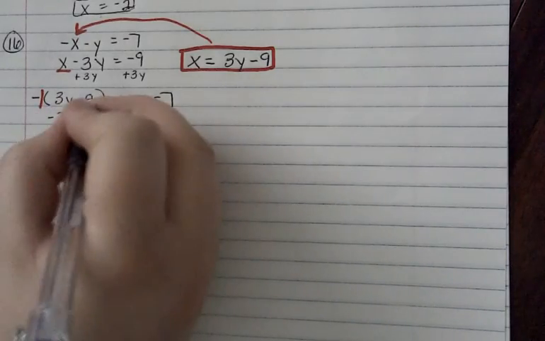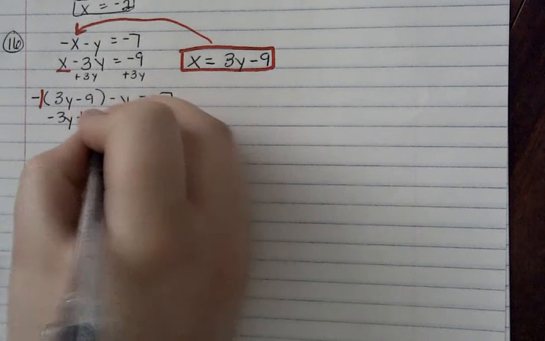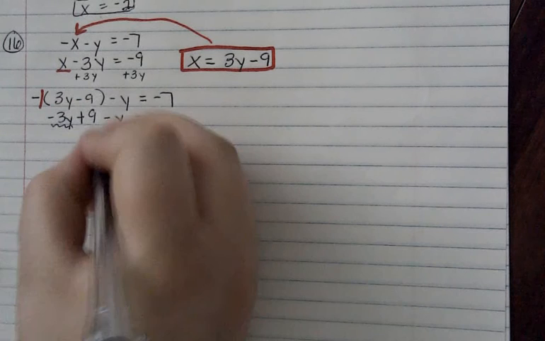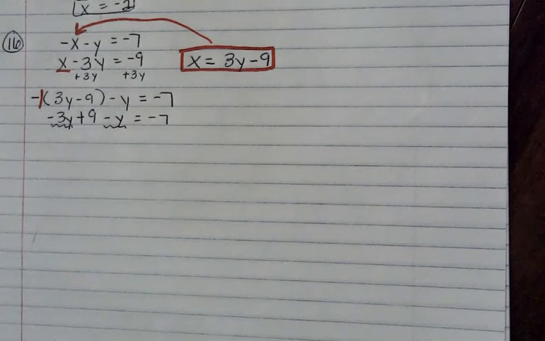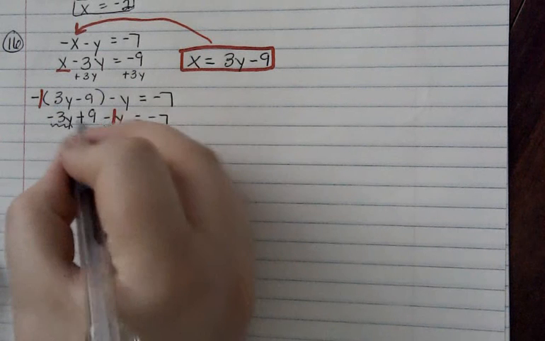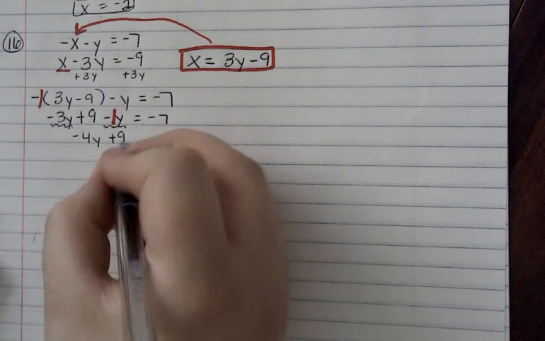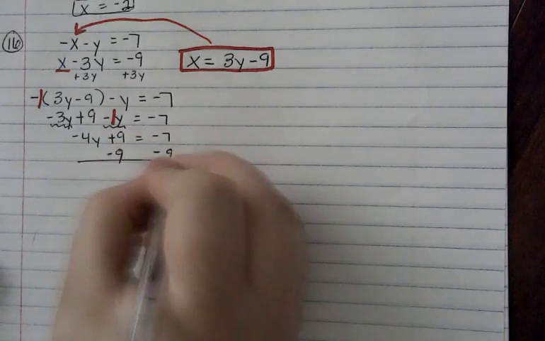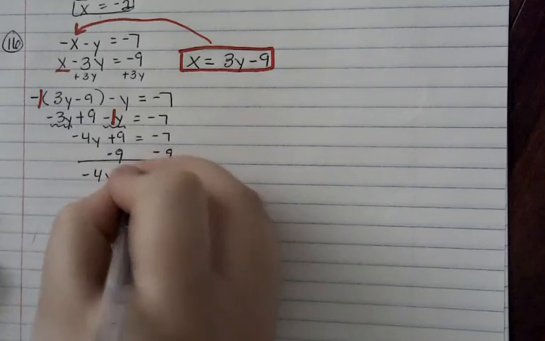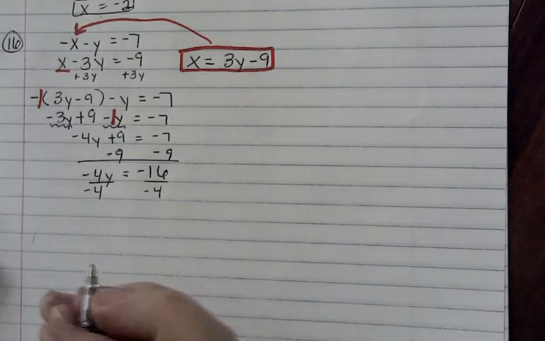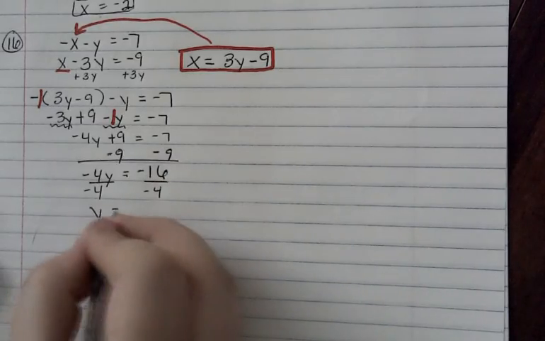Negative 1 times negative 9 is a positive 9. Bring down your minus y and your minus 7. Negative 3y minus that understood to be a 1y equals negative 4y. Bring down that 9 you didn't use equals negative 7. Subtract 9 from each side to get negative 4y equals negative 16. And then you divide both sides by negative 4 to get y equals a positive 4.